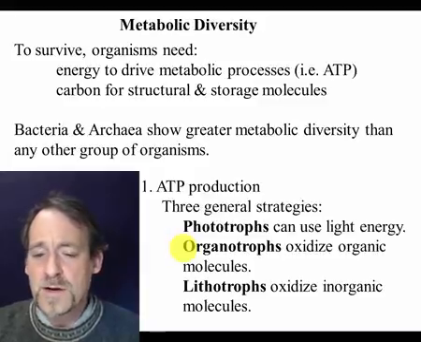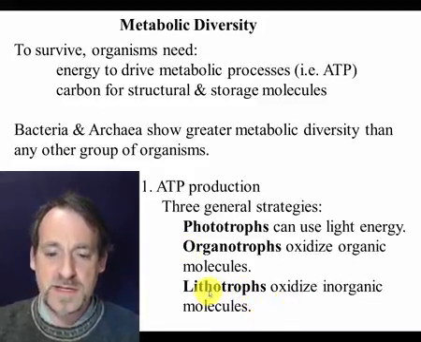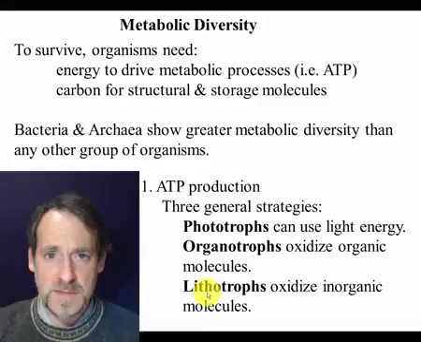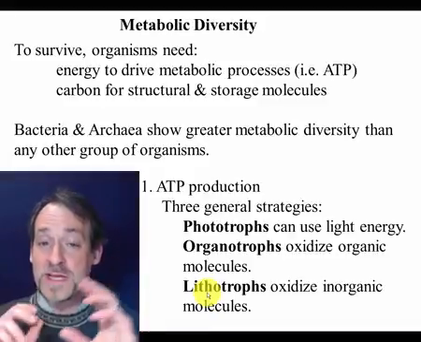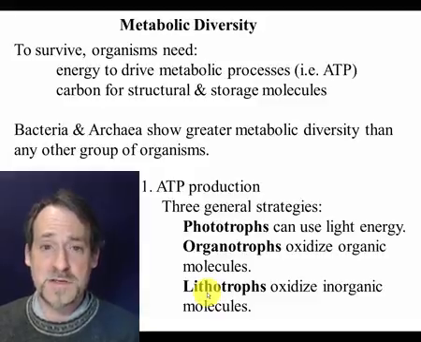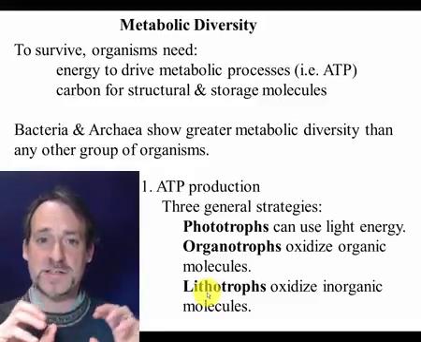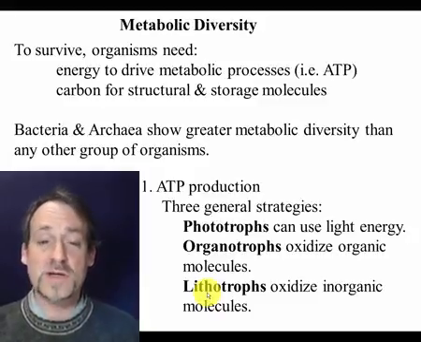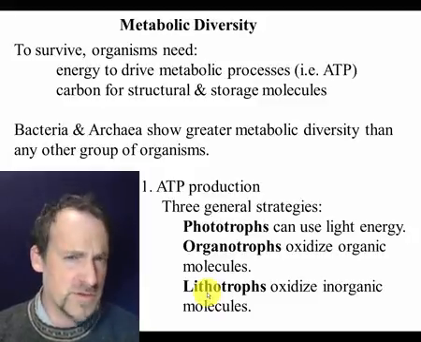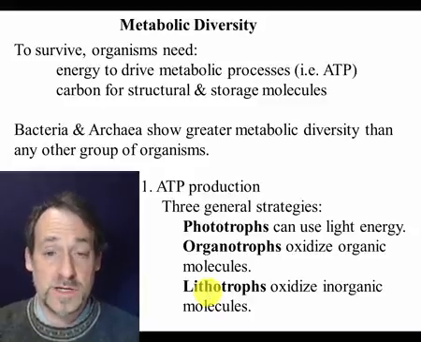And then there are organisms called lithotrophs. Litho means stone. And these are organisms that take high energy compounds, strip electrons away, give them to low energy compounds. But the source of that energy, that high energy compound, is not an organic compound. It's an inorganic compound that arose somewhere other than a living organism.